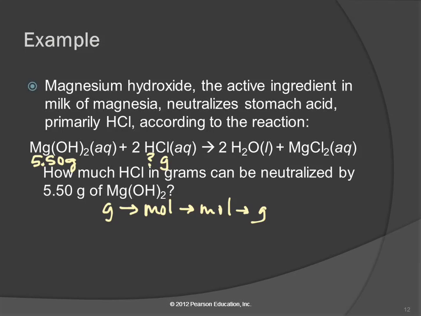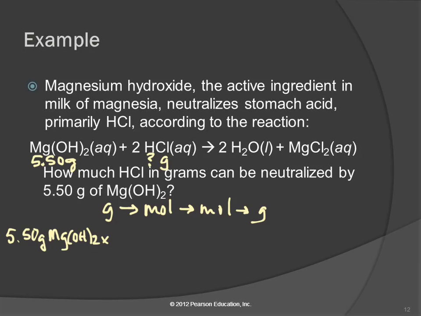Grams to moles to grams. Grams of whatever they gave you the number for, to moles of that, to moles of the other thing, to grams of the other thing. And so we end up here with 5.50 grams of magnesium hydroxide.